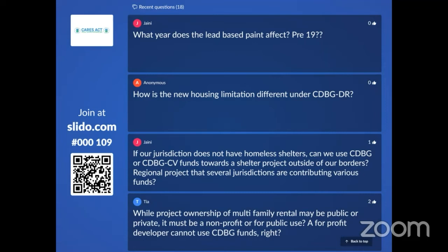What year does the lead-based paint affect? Pre-19? No. If you're using either 2019 or 2020 or CDBG-CV funds to provide emergency grant assistance to an individual or household for up to 6 consecutive months, and it's 100 days or more, depending, because some people won't need the whole 6 months.